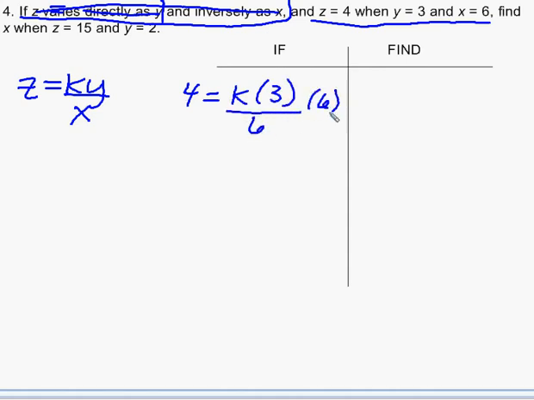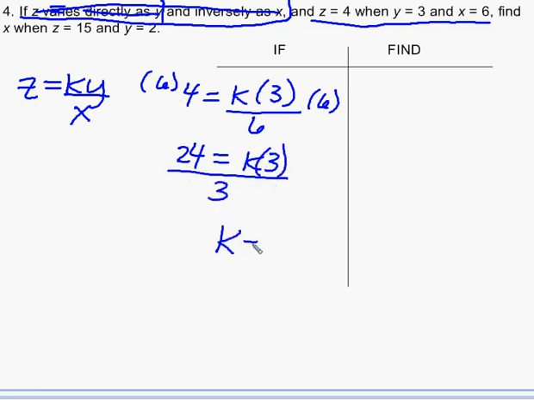So multiply 6 by both sides. And then you need to divide by 3. So k is going to equal 8. Our find statement says find x when z equals 15 and y is 2. So we're going to put 15 here is going to equal, k was 8, y is 2, but we don't know x.